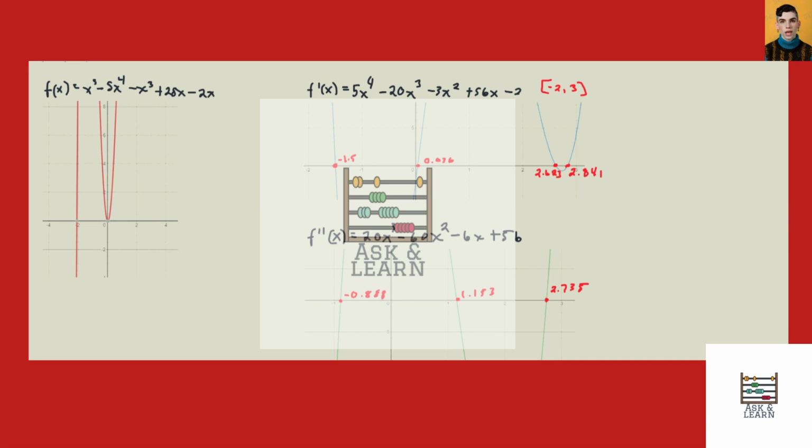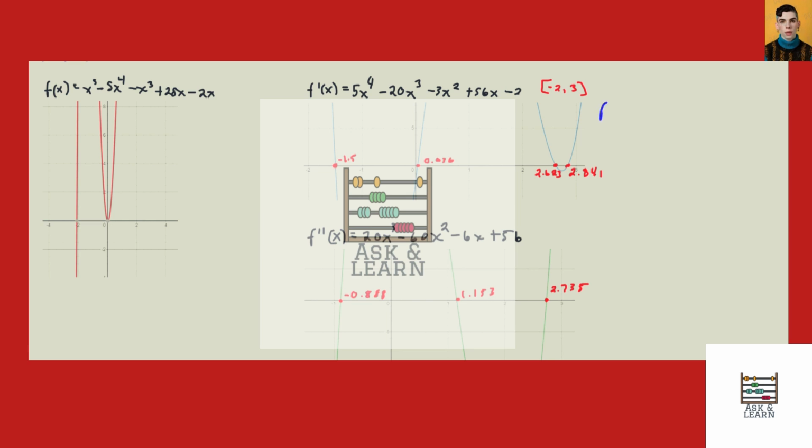So points that may be of interest are going to be these intercepts, because those are going to be our possible critical values. And we can estimate our intervals of increasing and decreasing by just looking for where this is positive and where it's negative.